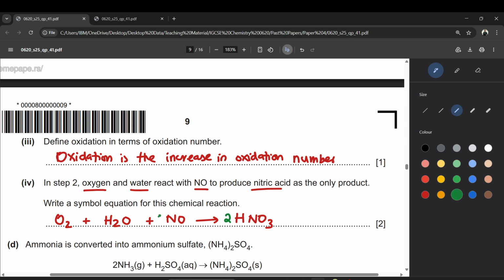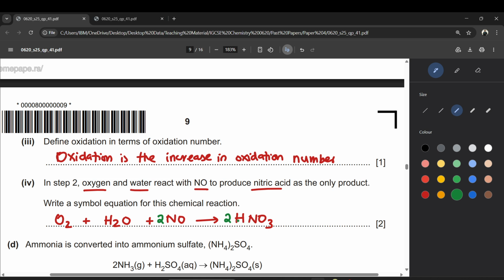So now I have to add two over here. Now, how many oxygen are there? We have two oxygen from here, then plus one, that is three, plus two, that is five. But on the right hand side, we have six.